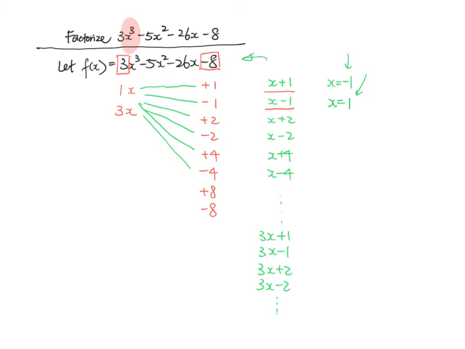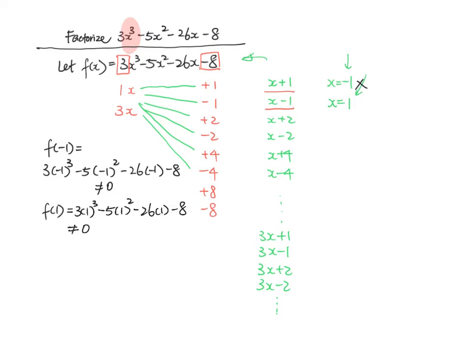So let's continue. f of negative 1 actually equals this, which unfortunately doesn't equal 0. So this one is no good, and then we check the next one, x equals 1. So f of 1, this, but unfortunately it still does not equal 0. So this one is no good. So we will keep trying.